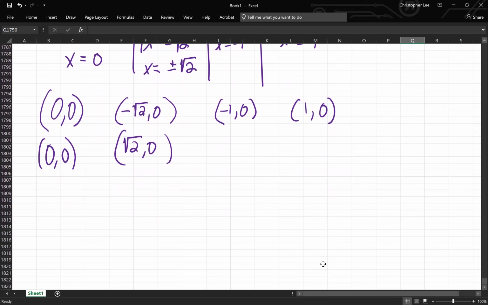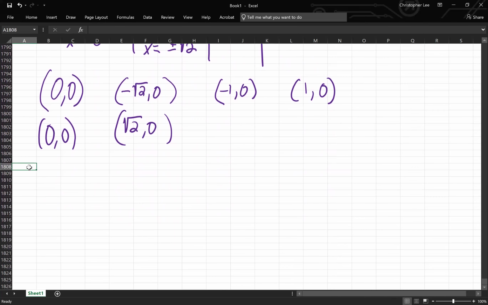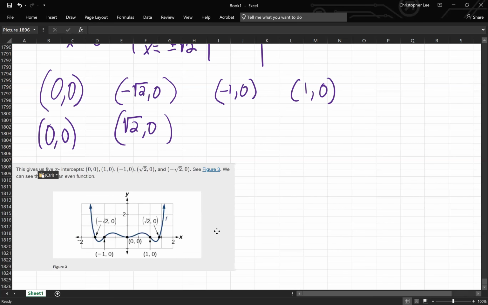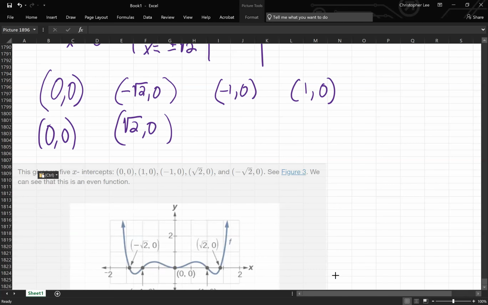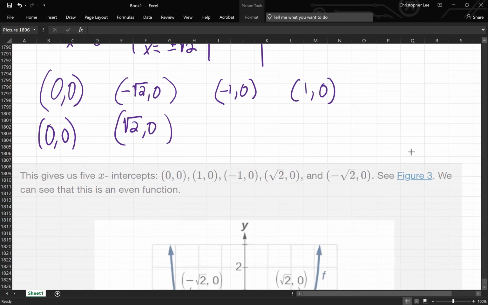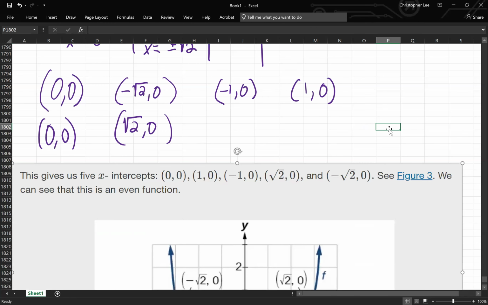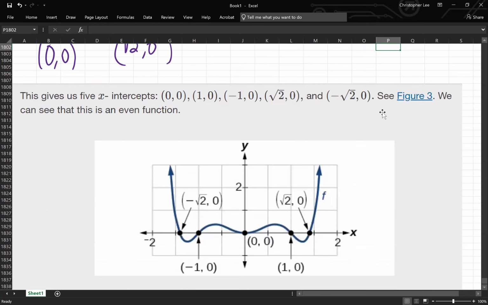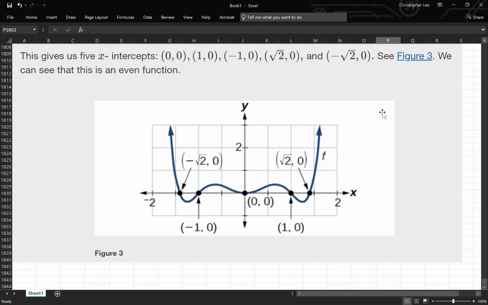If you guys want to see what this graph looks like, this is it right here. So we got our five intercepts. I did draw an extra one, right? Because it had a multiplicity, but really it's only 5 intercepts.